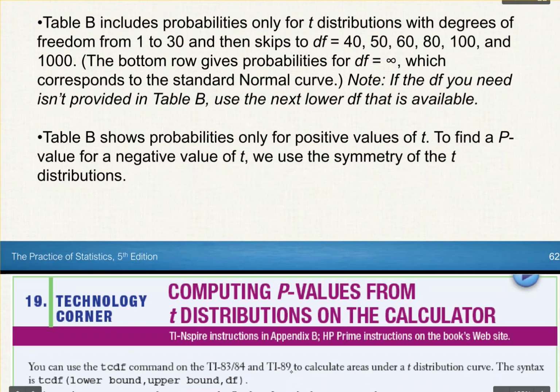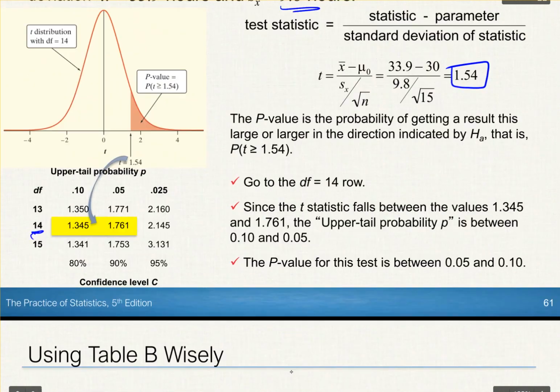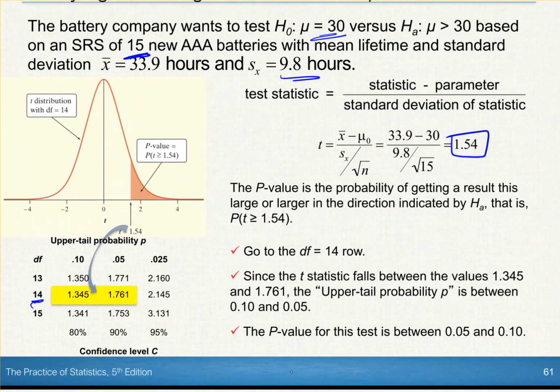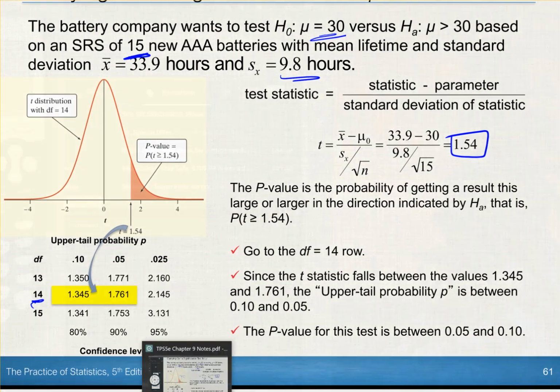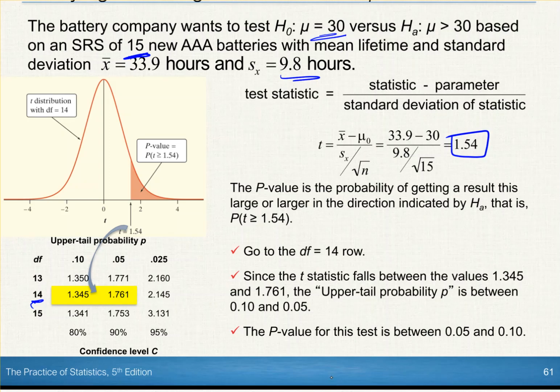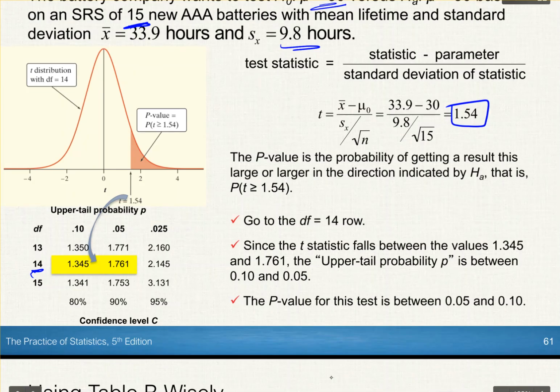But depending on what it is, basically what ends up happening is the probability that this value is bigger than 1.54, the probability that this is a fluke or not, is between 5 and 10% of the time. So this one would really depend on what alpha value we want to use.